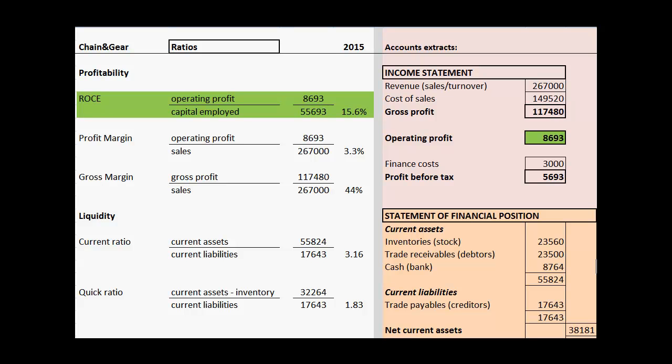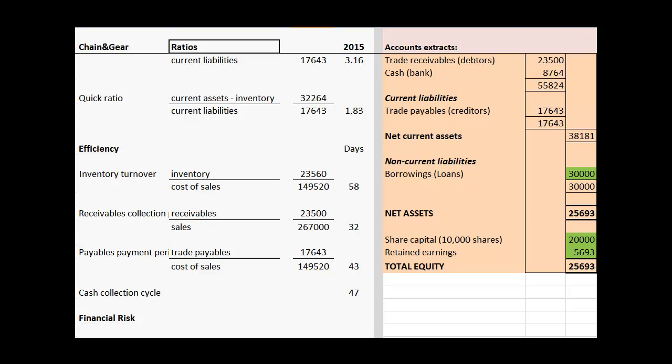Starting with return on capital employed, this is the first of our profitability ratios for Chaining Gear, and you'll notice that it's operating profit divided by capital employed. In this case, that's £8,693 operating profit, and here we have the extract for the income statement on the right hand side. The capital employed, the 55,693, is our borrowings, our debt, plus our equity, which includes our retained earnings.